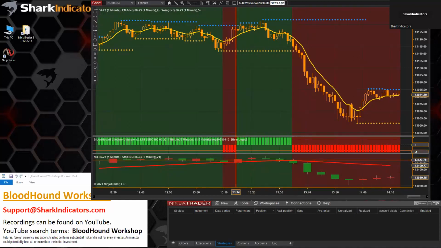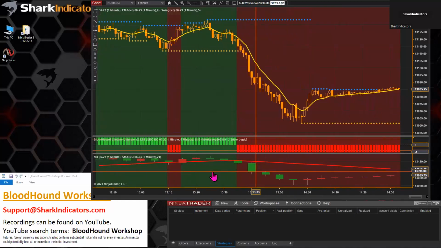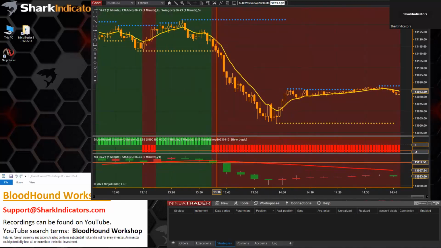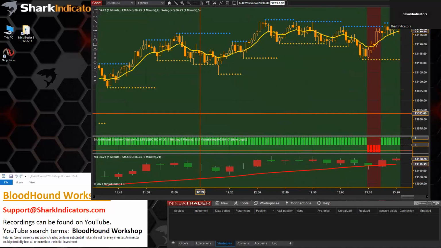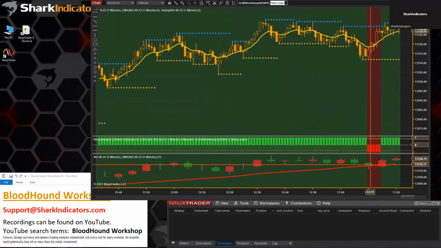Whenever the bar close is above the SMA, that's our long trade trend filter. And of course, if the bars close below the SMA, then we're in a short trade trend filter.